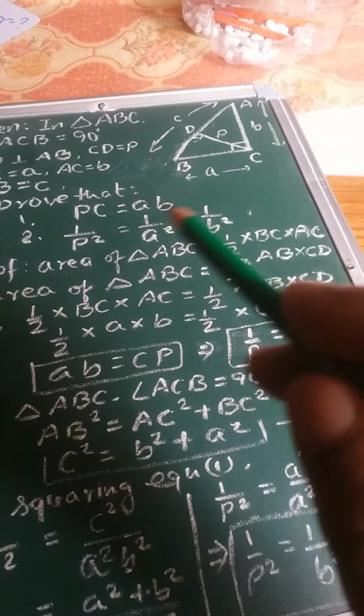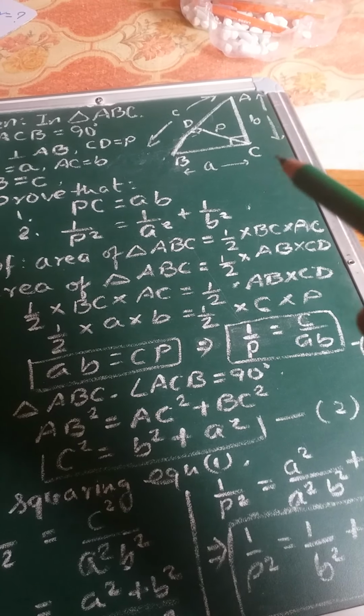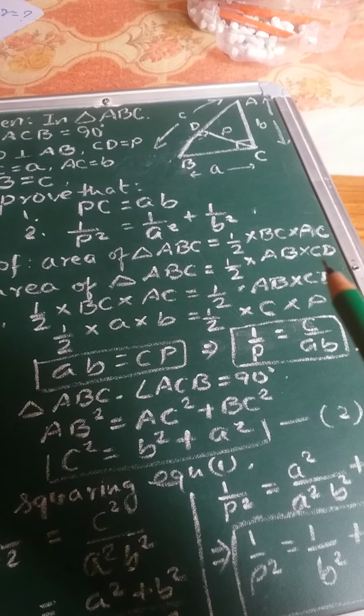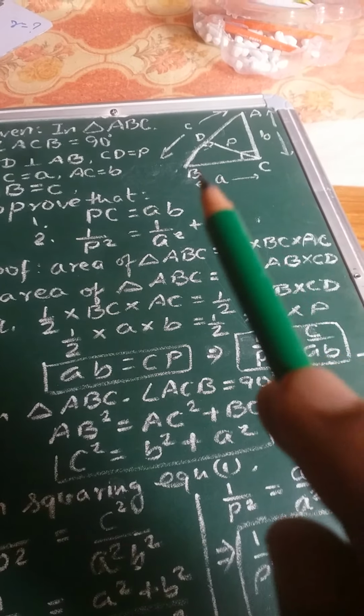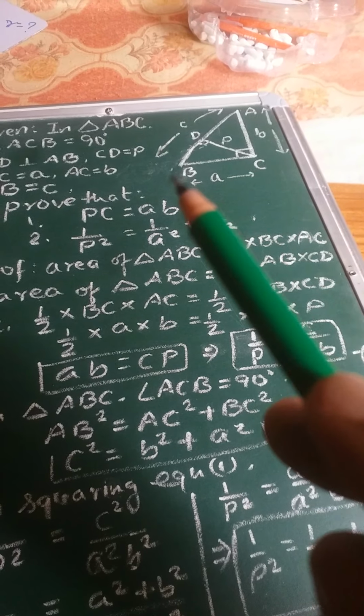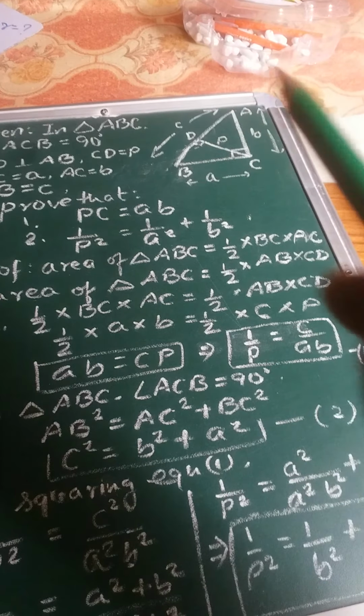Now another way of finding the area of triangle ABC: AB is the base and CD is the height. Either you take this base and this perpendicular, you get the area of triangle ABC.